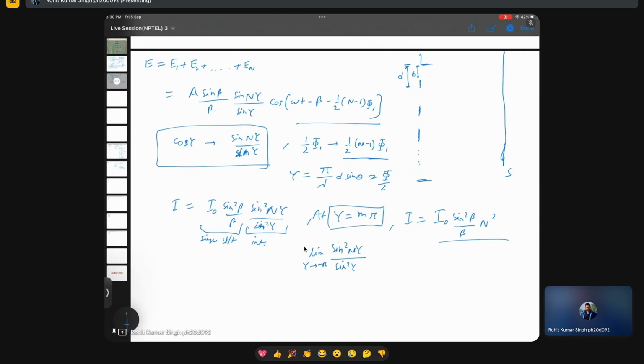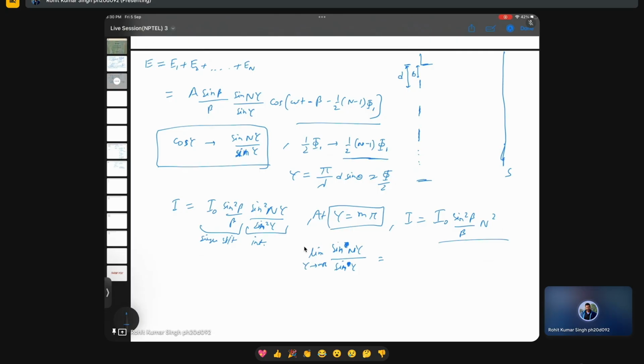If you let gamma tend to m pi, then you can use L'Hospital's rule and differentiate the numerator and denominator, right? Let's do it simply for n, without squaring. We'll square later; it just makes the differentiation simple.